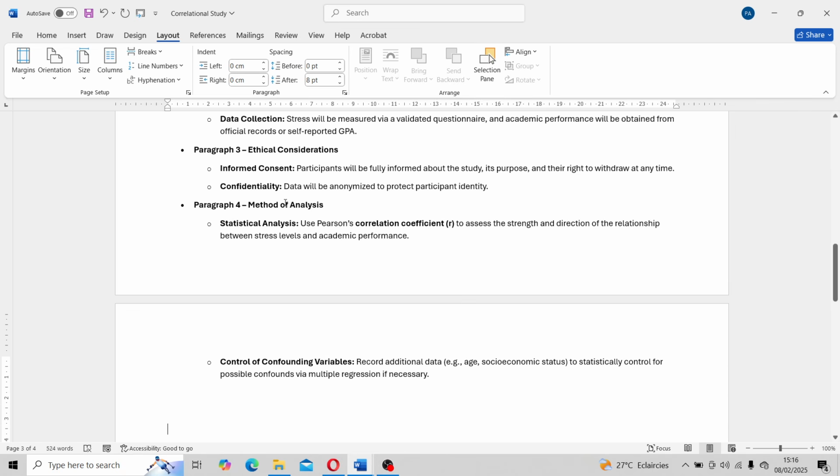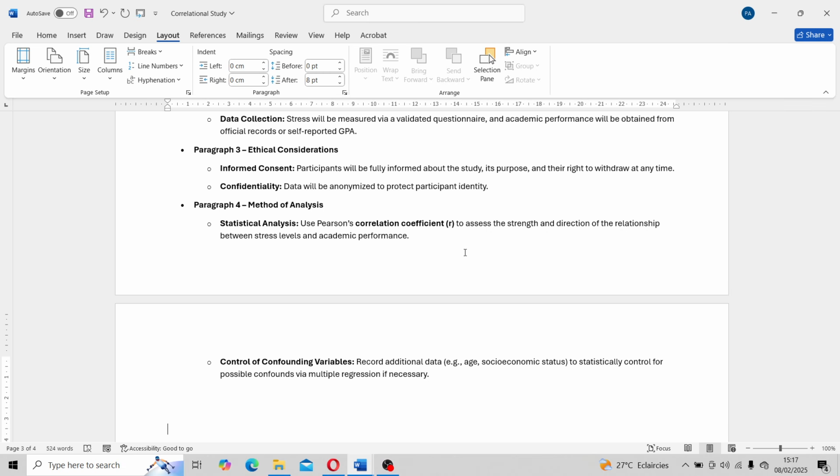Now, paragraph four, method of analysis, statistical data. You can use a correlation coefficient to assess the strength and direction of the relationship between stress level and academic performance. This is actually what they use mostly in a correlational study.